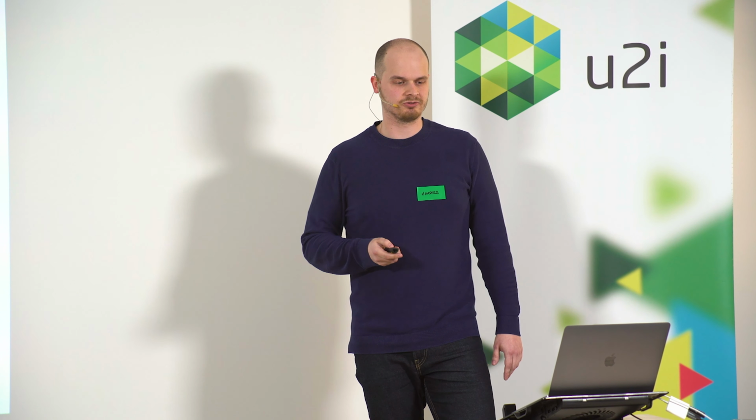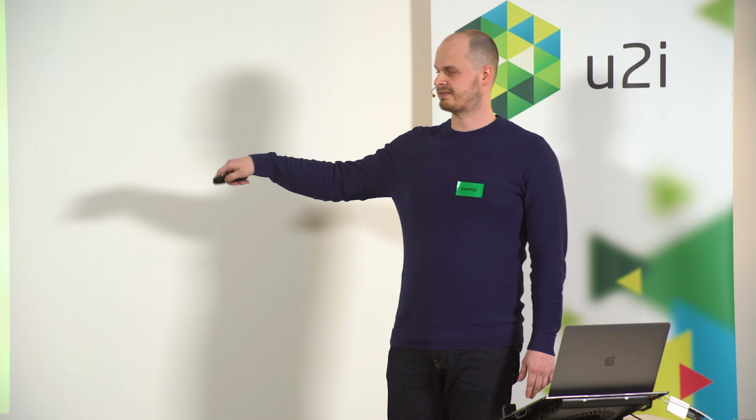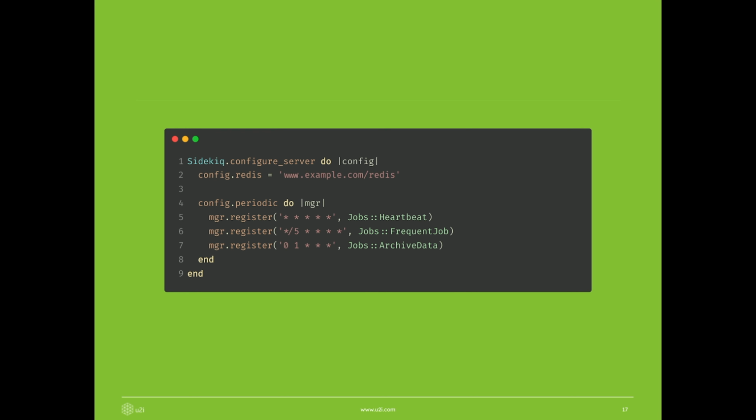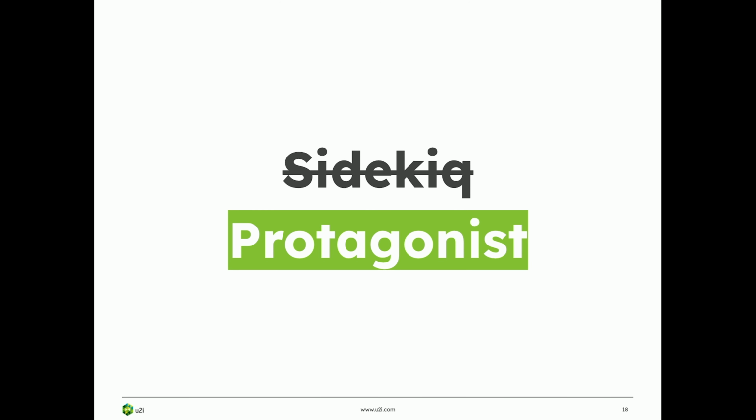You just create a schedule for jobs using something that looks exactly like the Linux cron, and you're happy. So with this framework for our apps that we use for scaling, and giving Sidekiq 99% of the work, I would say Sidekiq is more like a protagonist for us.